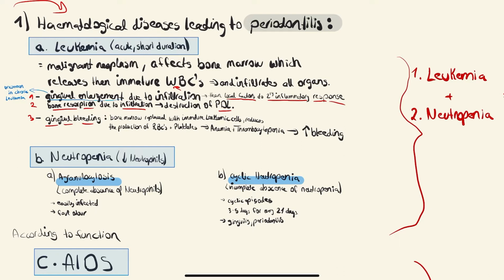In the exam, the dentist or the professor can ask you to give a reason why gingival bleeding happens in leukemia. The bone marrow is replaced with immature leukemic cells, and these immature leukemic cells reduce the production of red blood cells and platelets. This then leads to anemia and thrombocytopenia, which increases the bleeding tendency.